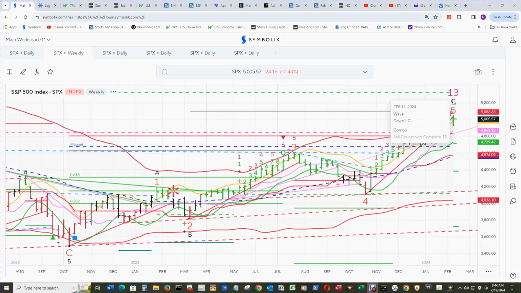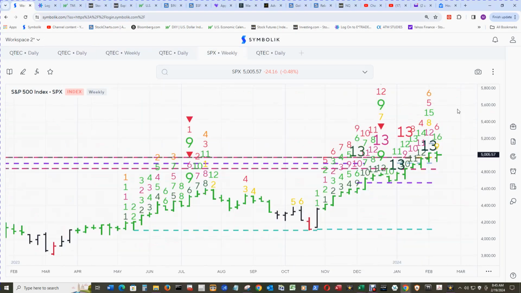And the D wave, down wave C, and D wave, up wave 5 has shifted over once again. So that printed back here for the D wave, up wave 5, and has been traveling upwards and onwards ever since. And in this S&P 500 weekly chart, the drama is starting for this week.